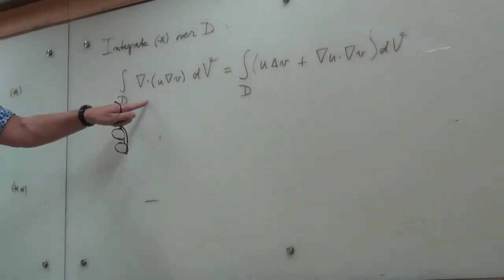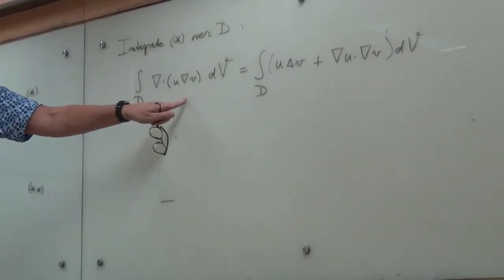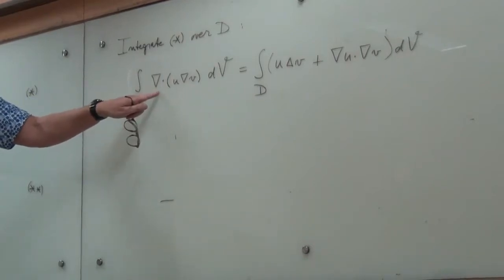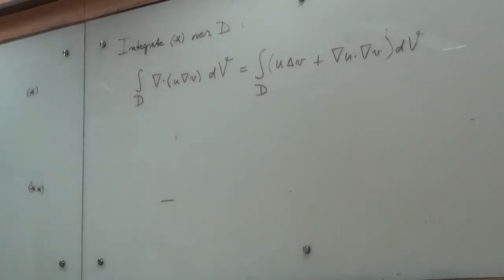But now, if I look to the left-hand side, I see here the divergence of a vector field.